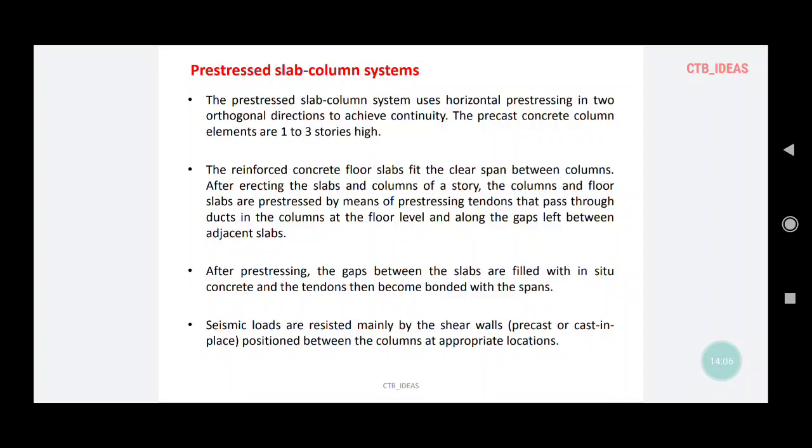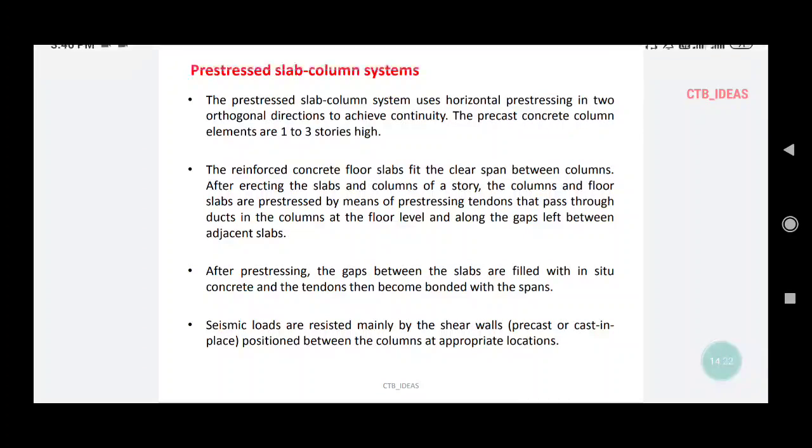So you lay the slabs in between the columns. For example, there are 4 columns at the 4 ends of the room, and you place the RCC slab within those 4 columns.